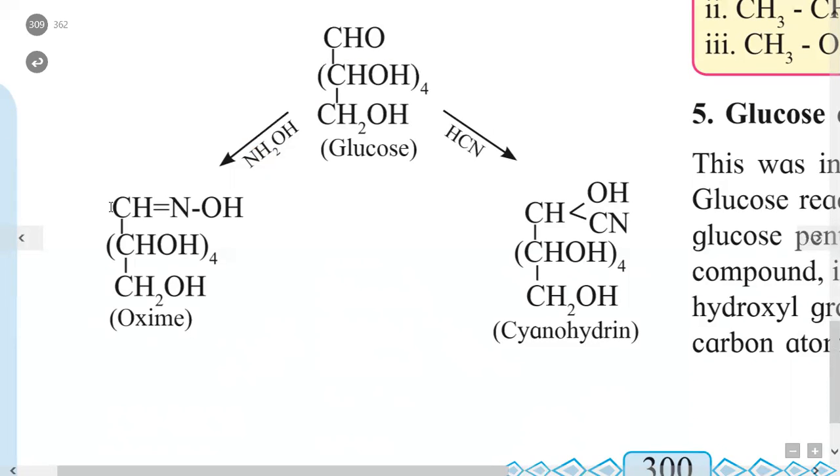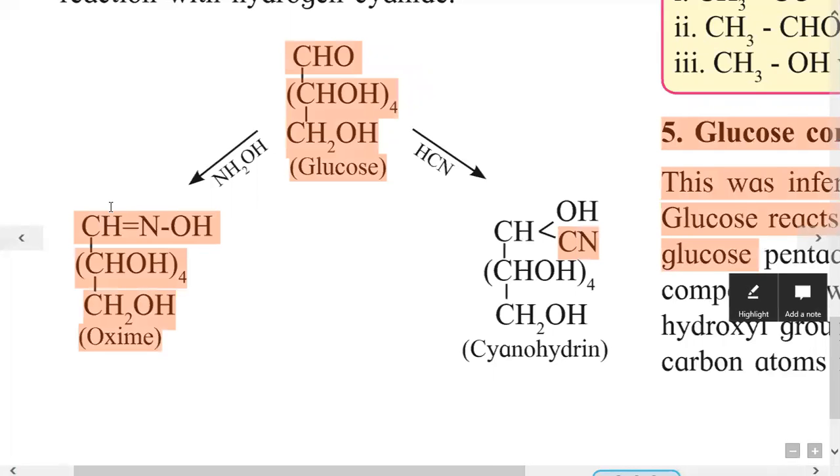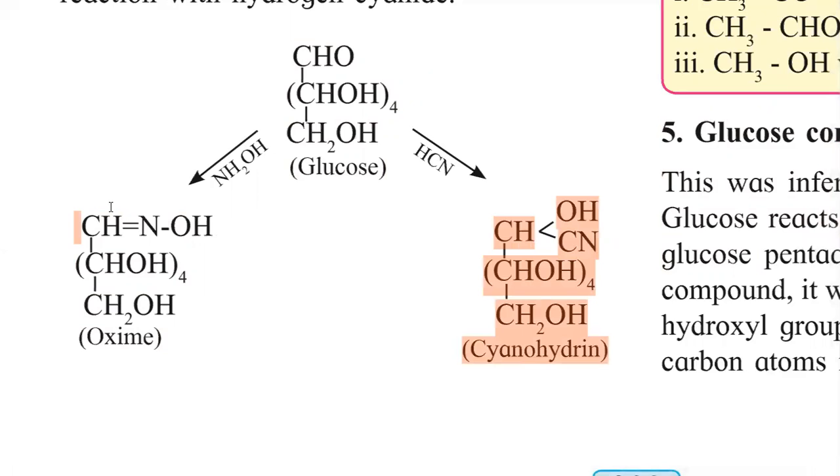The aldehyde functional group present in glucose can also be confirmed by testing with hydrogen cyanide, HCN. When it is added to the glucose molecule, in the aldehyde group the O gets bonded with hydrogen and becomes an OH group, and the cyanide group gets bonded to the CH carbon. So the cyanohydrin of glucose is obtained, having the structural formula CHOHCN, CHOH 4 times, CH2OH.